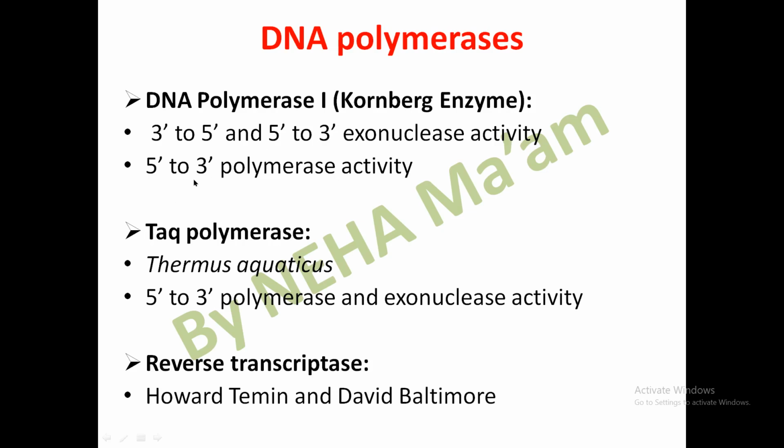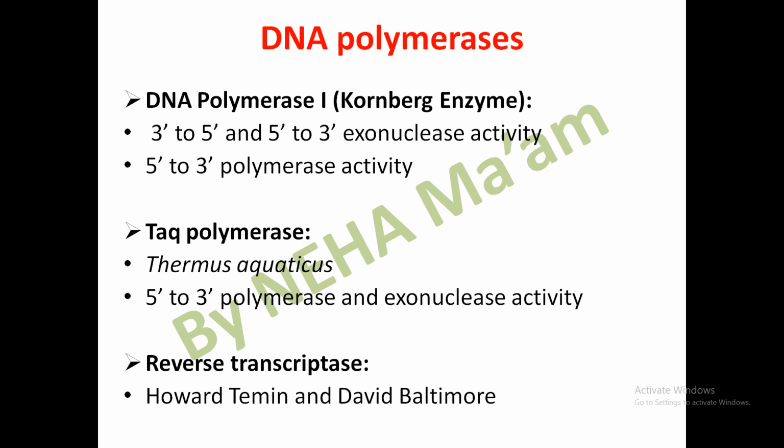Another important DNA polymerase is Taq polymerase. Taq polymerase was first isolated from Thermus aquaticus, that is a thermophilic bacteria. So this enzyme basically works under various thermophilic conditions, and it has 5' to 3' polymerase and exonuclease activity.